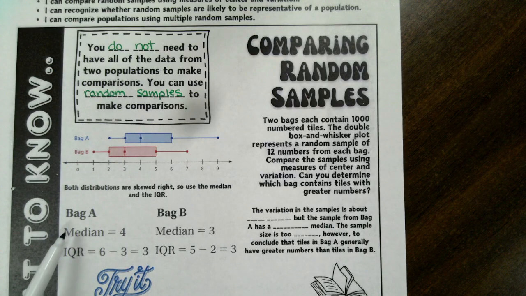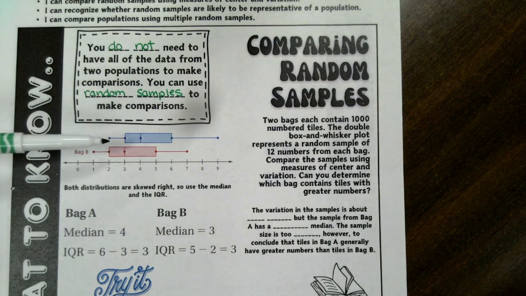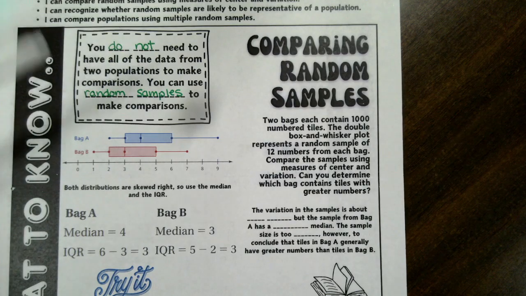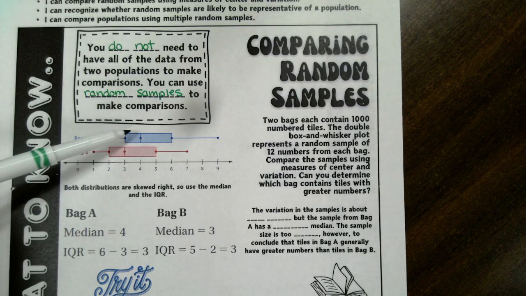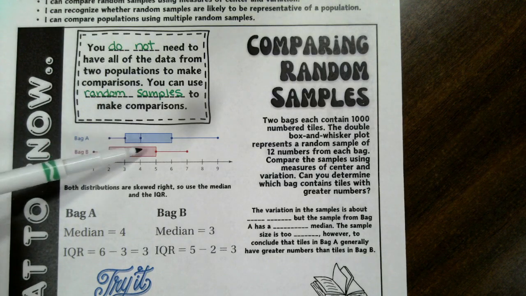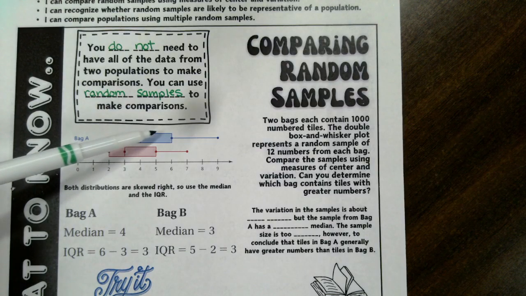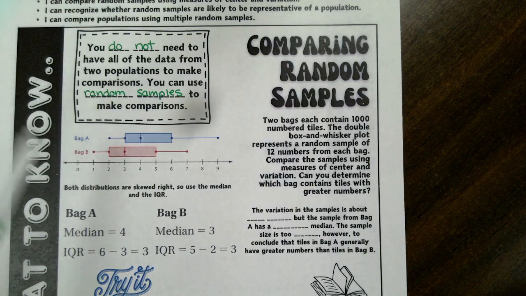Okay, so bag A, let's look for the median. When we learned about quartiles, we learned that it's broken up into 4s, right? We break up our data into 4 sections, and then there are 3 quartiles. We have the lower quartile, we have the median in the middle, and then we have the upper quartile.